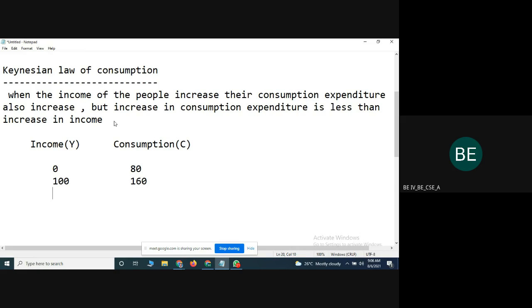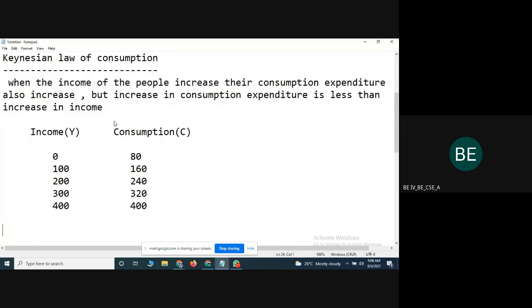In the third scenario, the income is 200 rupees, whereas the expenditure is 240. Then the income is 300 rupees and the consumption expenditure is 320. In the fourth scenario, the income is 400 rupees, whereas the consumption is 400 rupees.